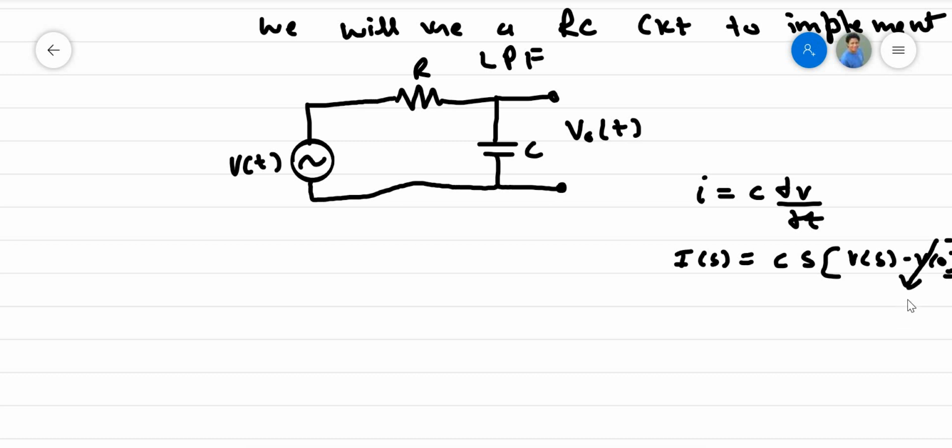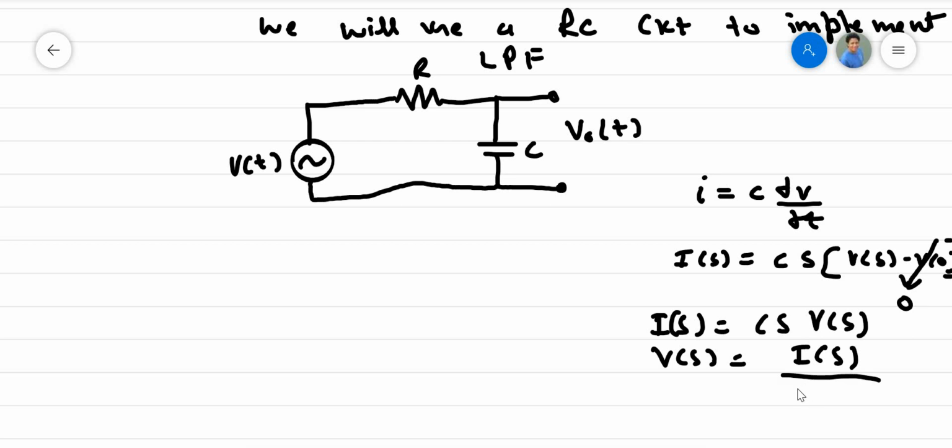This V0 is the initial condition and we are assuming it to be 0. So I(s) equals Cs times V(s), and by arranging in Ohm's law, V(s) equals I(s) over Cs, right?